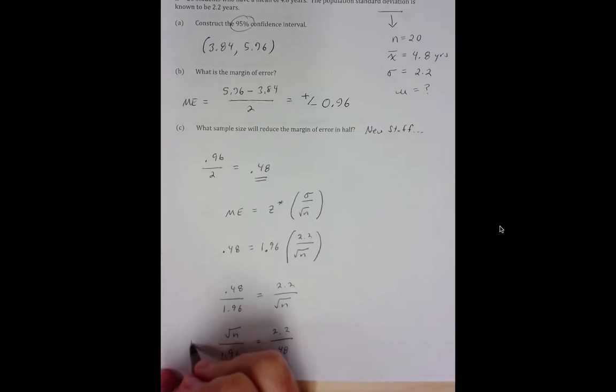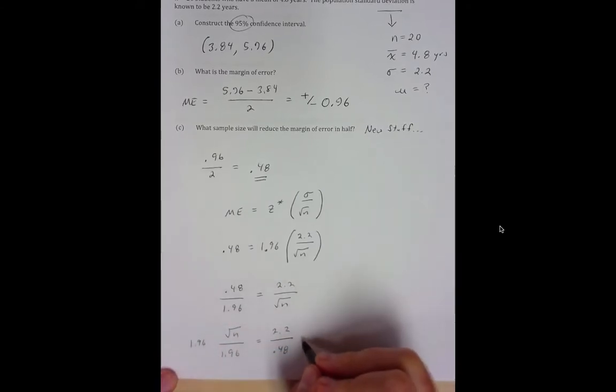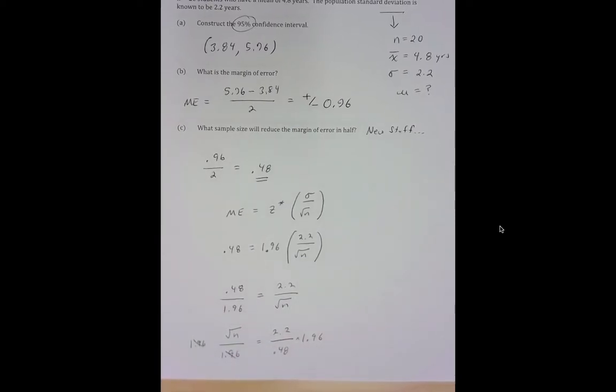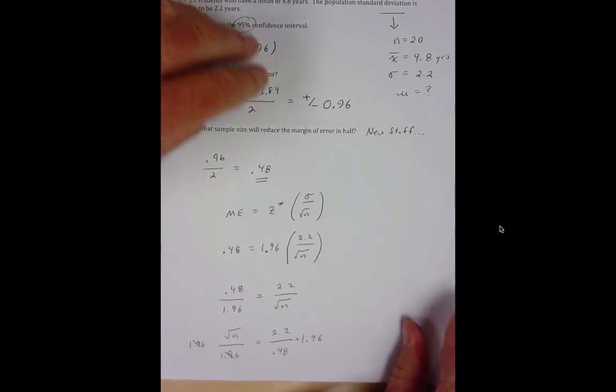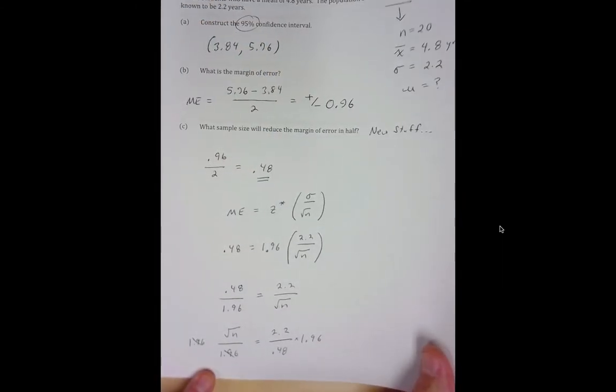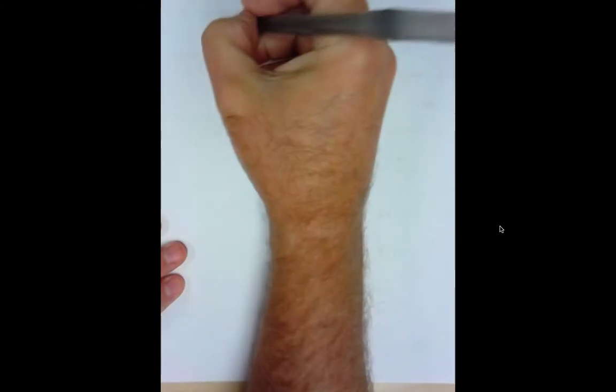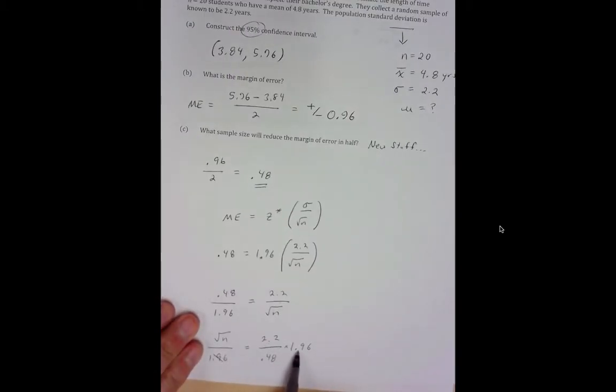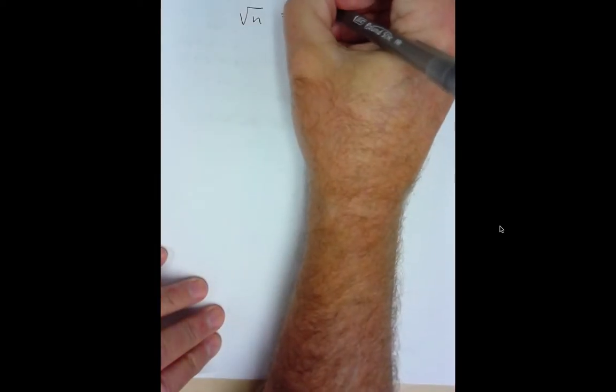And then I'm going to multiply both sides by 1.96. So those cancel. So ultimately, guys, on the left-hand side I have the square root of n, and on the right-hand side I have 2.2 times 1.96 divided by 0.48.